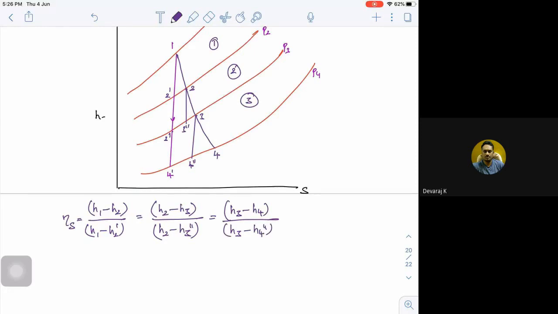So what are these? See the points 2, 3 and 4, those are called the state point loci.